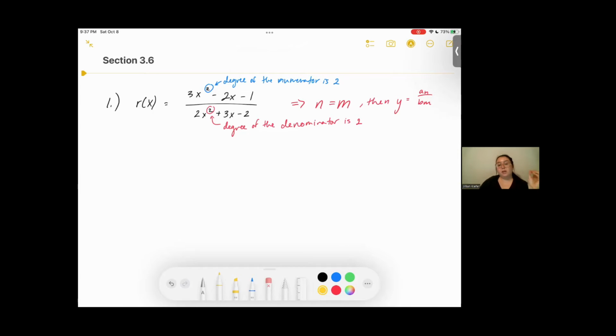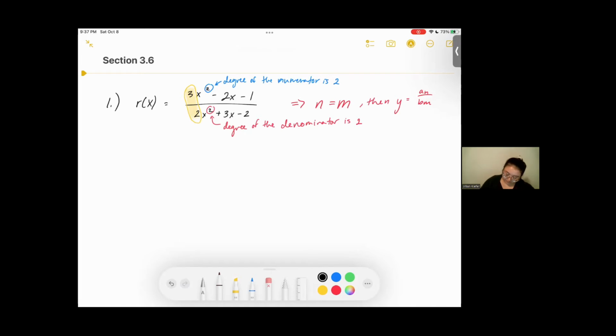If we recognize that the degree of the numerator is equal to the degree of the denominator, what we're going to look for is the numbers in front of the x squared. In our case, it's 3 over 2. We can circle them like this, or you can even highlight them. 3 over 2. The coefficients are 3 and 2. You divide them, you just take that chunk, and that's the horizontal asymptote.